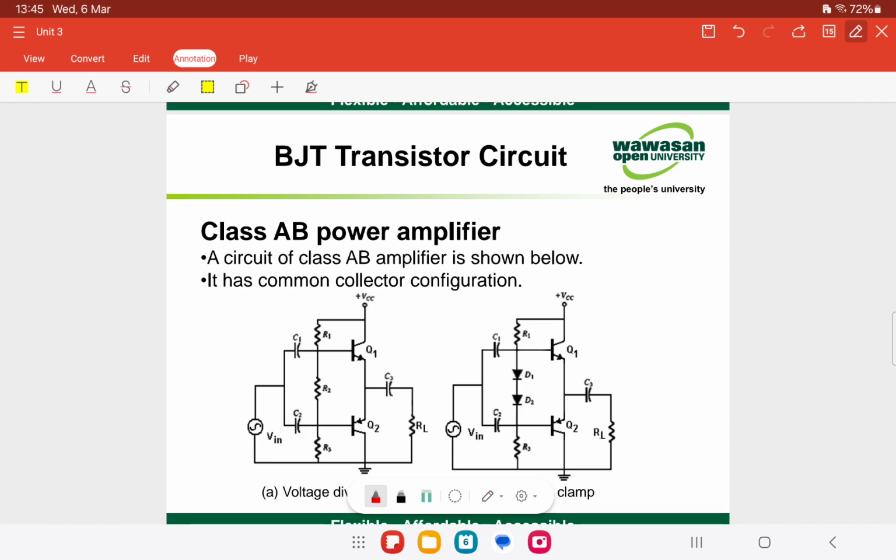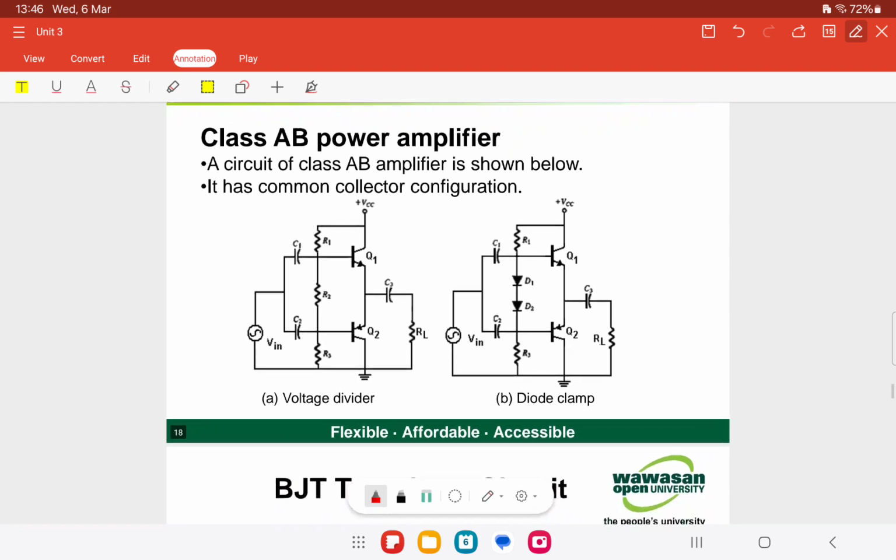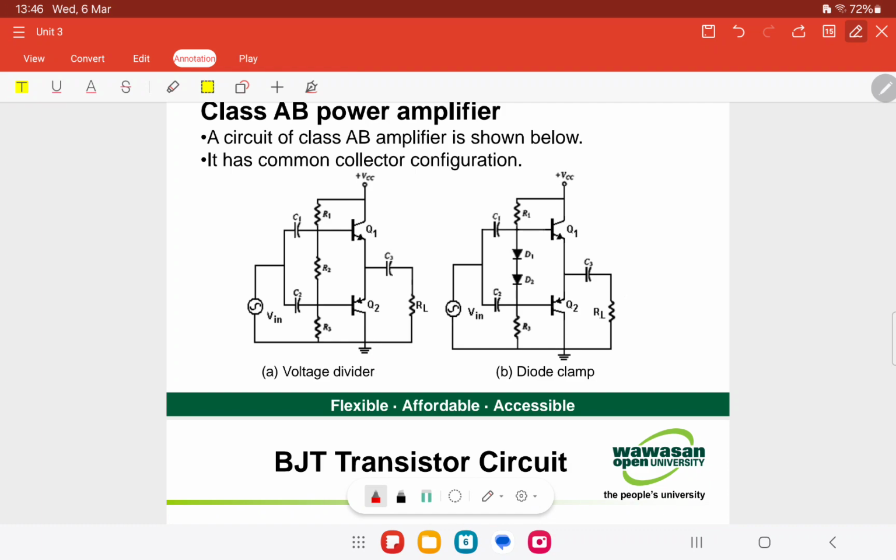This is the reason it is also named the push-pull amplifier. One technique is to make both transistors slightly above cut-off when there is no AC signal. This can be achieved by the voltage divider technique, as in this circuit.